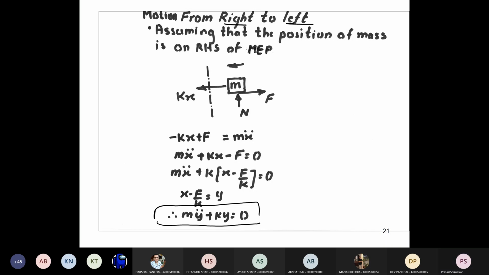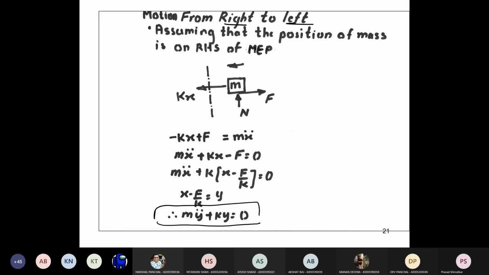So what does this mean? When the mass is moving from right to left, the mass is performing simple harmonic motion about this axis, x minus f by k. We'll see more about this.